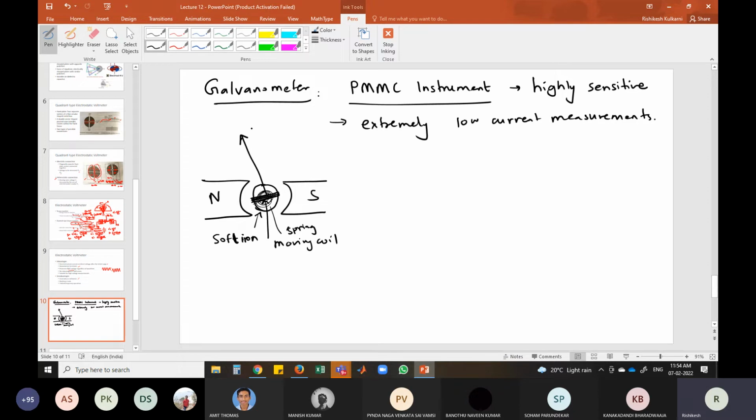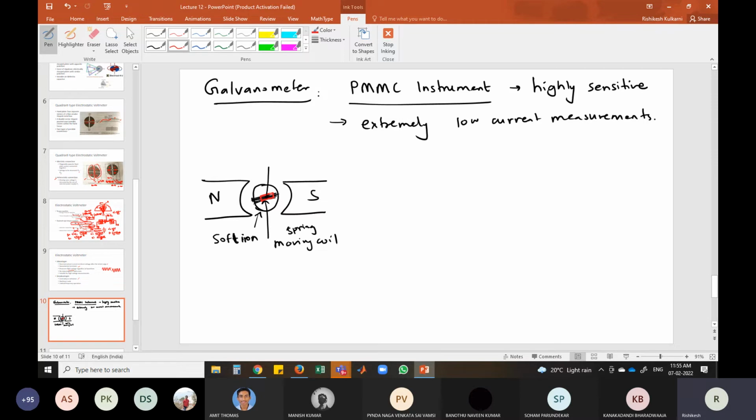This was used. But in the case of a galvanometer, you don't use the mechanical pointer. What you use is that on the axis of rotation, you attach a small mirror.